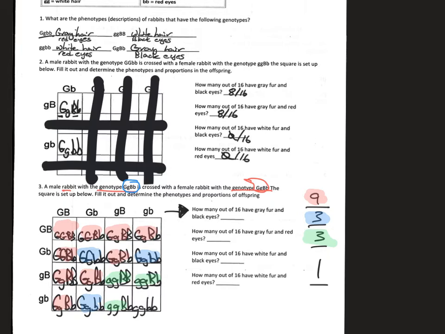And lastly, there's only one that's both white fur and red eyes, and that's little g, little b, and that's this one. So you see the phenotypes match this 9:3:3:1. If you remember the ratio, the one ratio I told you was going to be very important, it pretty much always works out that way, because mathematically it's the only way it can work out.